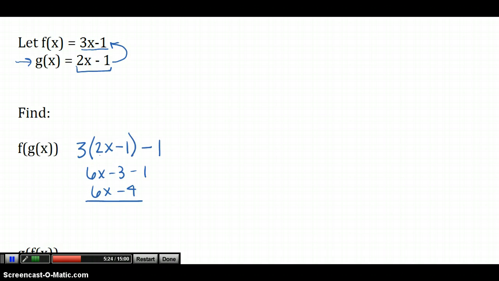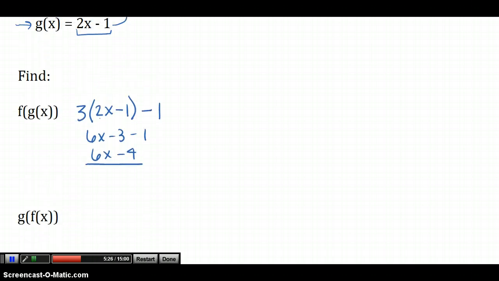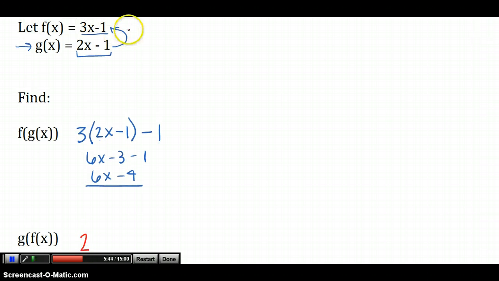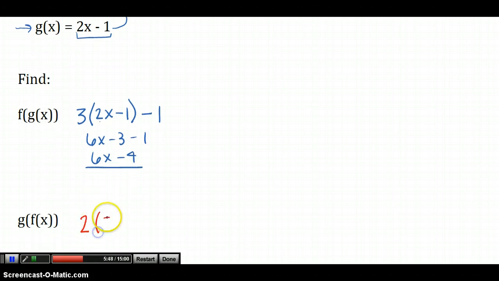Now if we flip that around and do g of f of x, now wherever I see an x in the g of x function, I'm going to put f of x. So if I start writing g of x, it's 2x minus 1. I have 2, and instead of the x, I'm going to write f of x. So instead of x, I'm going to write 3x minus 1. So I have 2 times 3x minus 1.